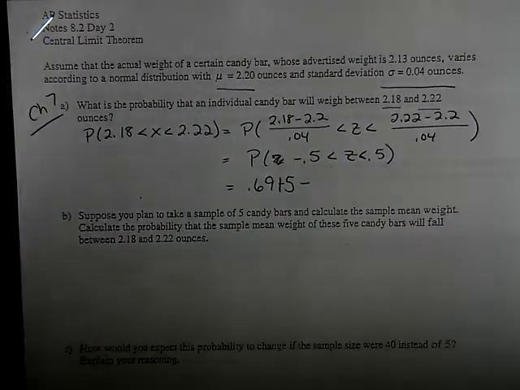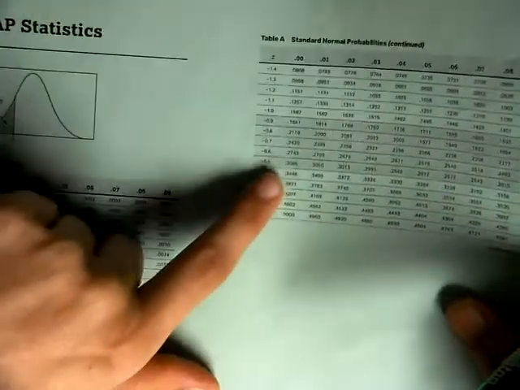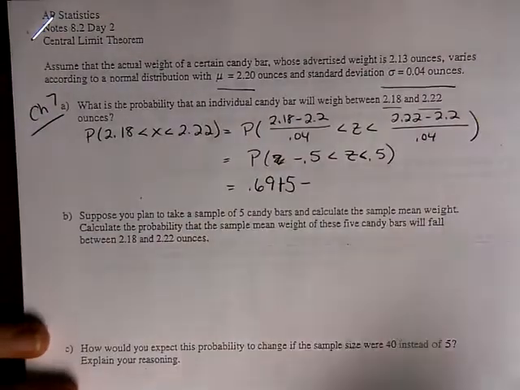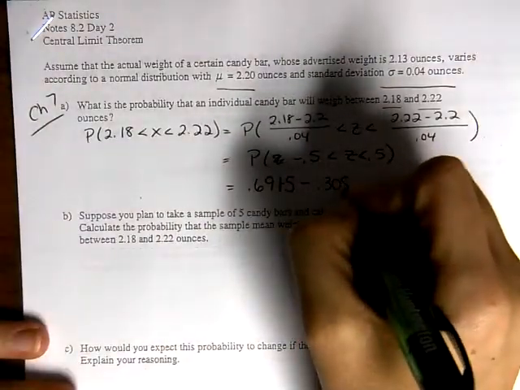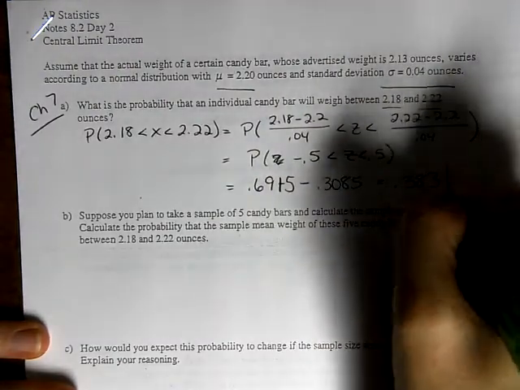Then I look at negative 0.5, which is 0.3085. I subtract those, so I get a probability of 0.383.